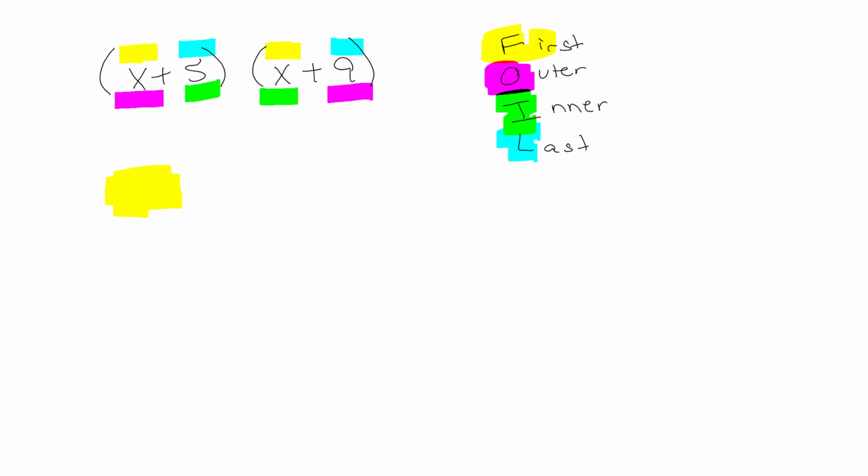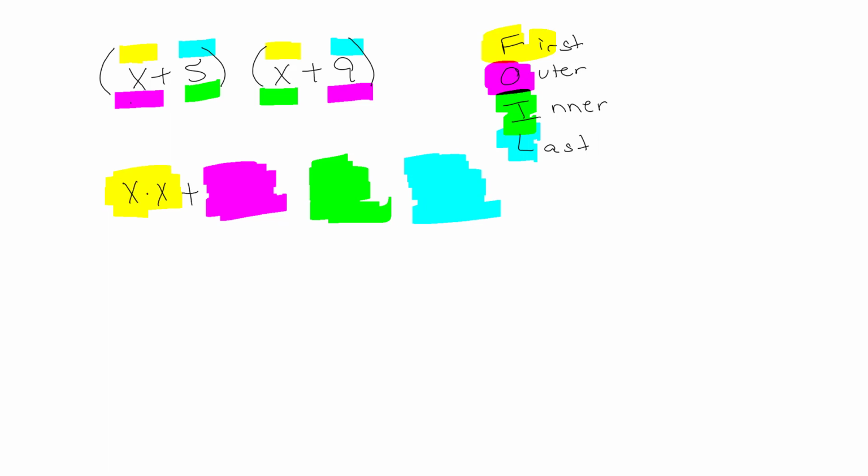So we've got our first, our outer, our inner, and our last. So first would be x times x, and then the outer would be x times 9, and the inner would be 5 times x, and then the last would be 5 times 9.